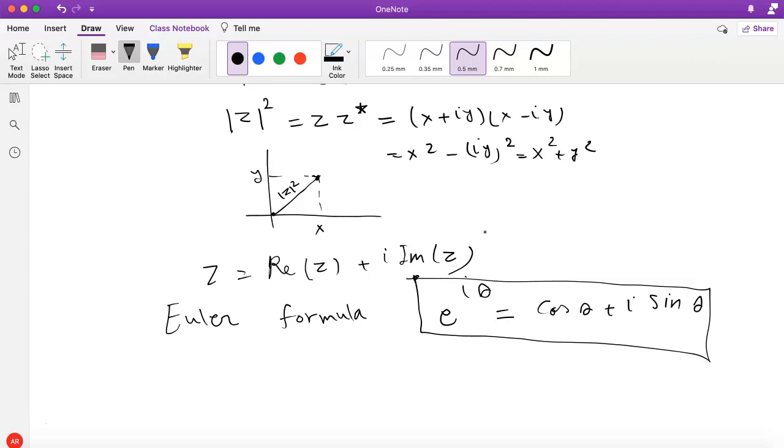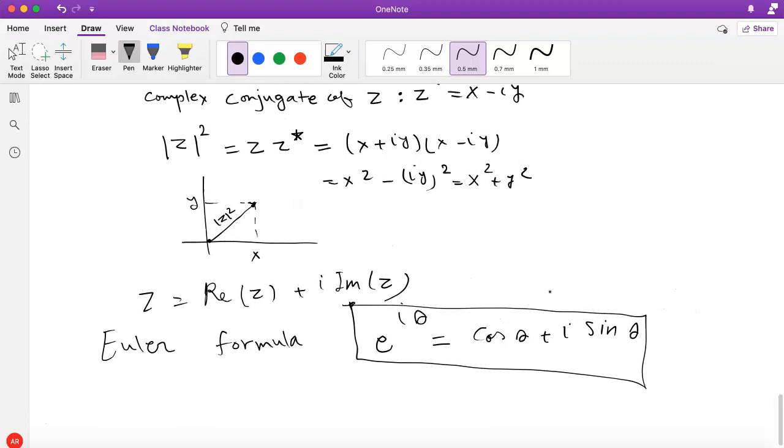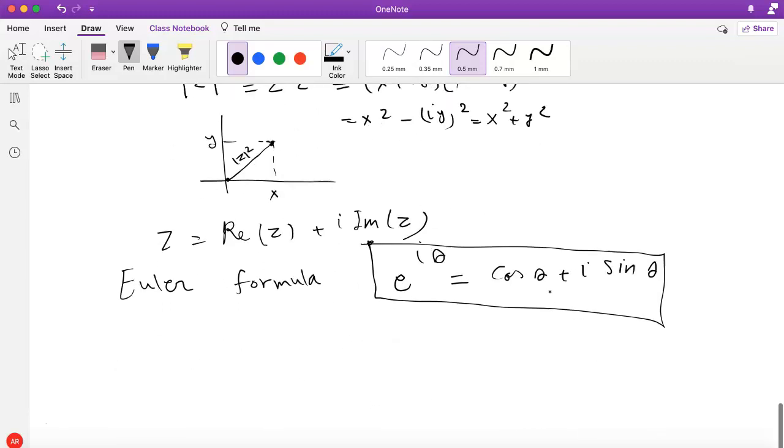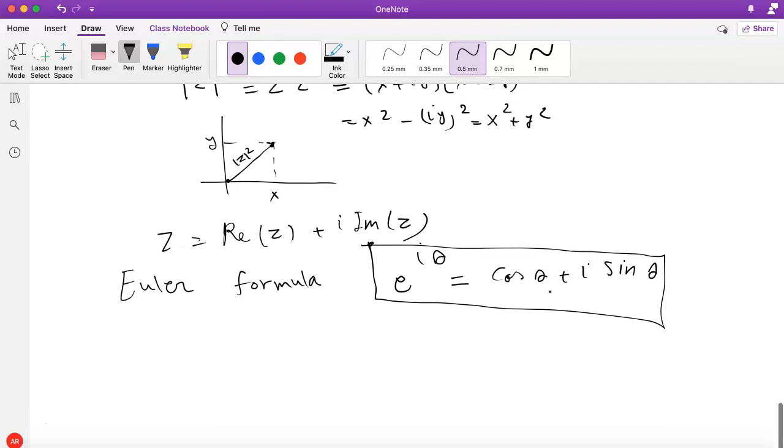The odd powers become i or minus i. And then you can Taylor expand both sides, collect the terms with an i, they give you the Taylor expansion of the sine. Collect the terms without an i, they give you the Taylor expansion of the cosine. But let's just take this as an extremely useful formula. Okay?